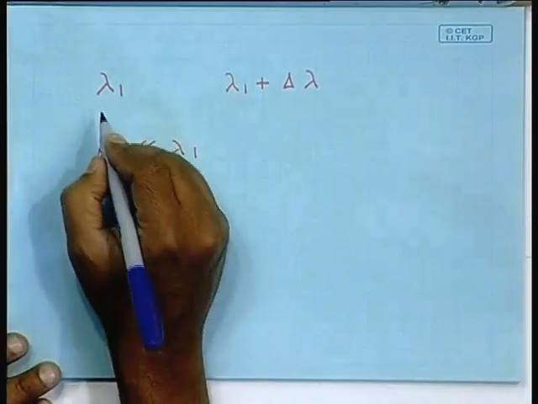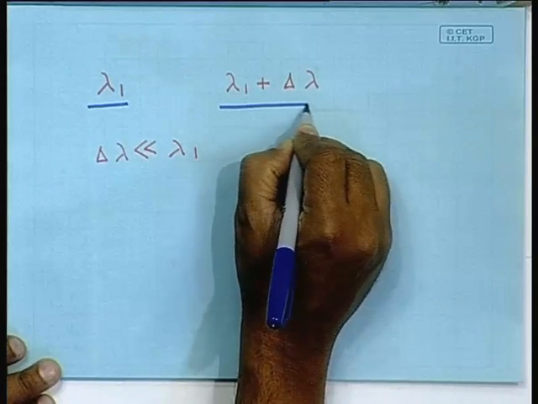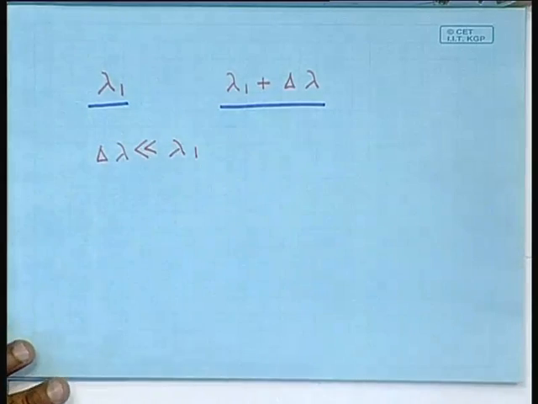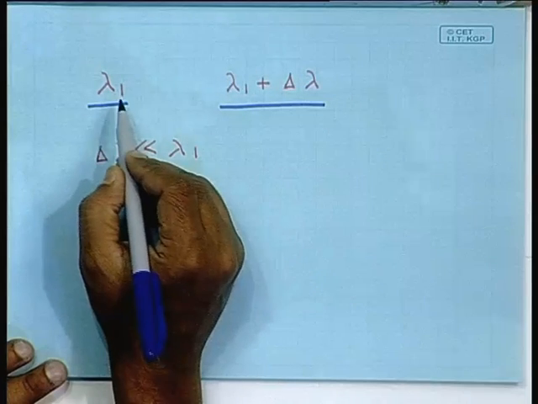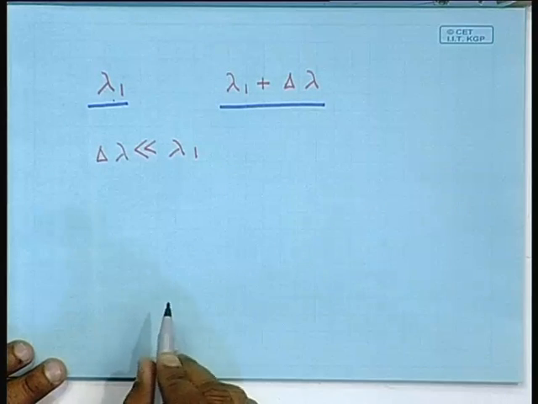So, let me consider a particular situation here. We have these two wavelengths, lambda 1 and lambda 1 plus delta lambda. Suppose I adjust my interferometer so that the wavelength lambda 1 produces a dark spot at the center.